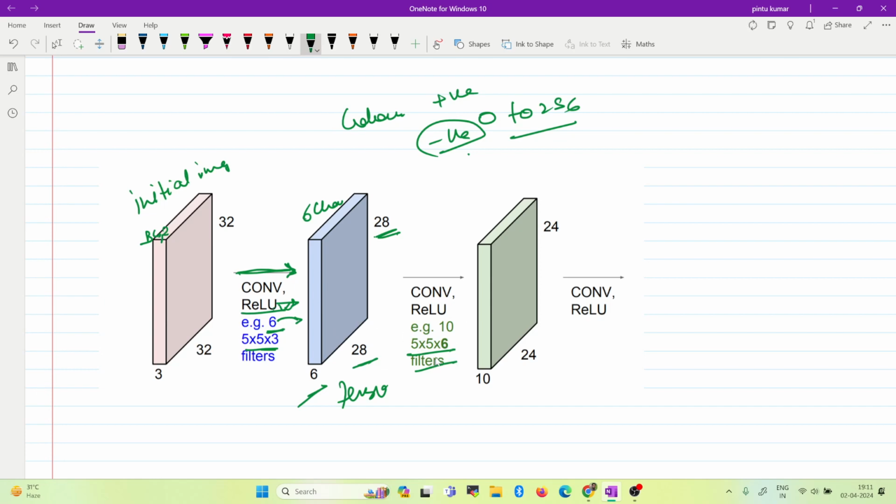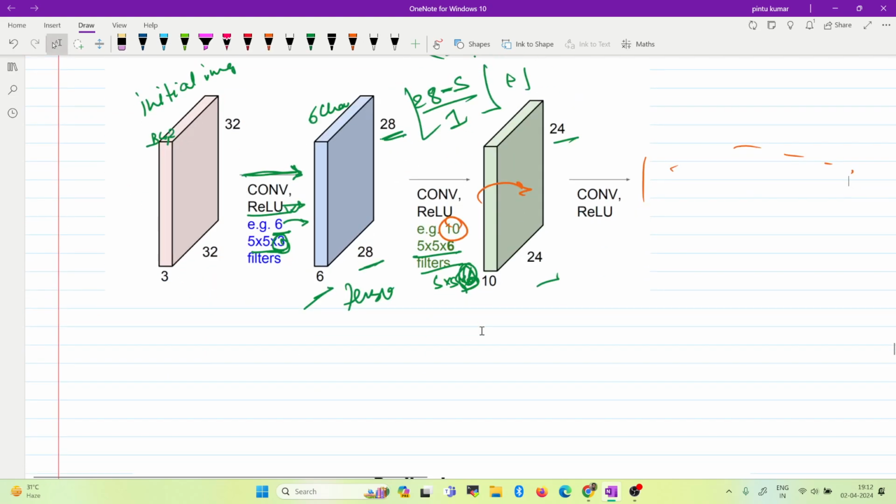So now we will require a kernel of size 5 cross 5 cross 6. Again, this is floor of (28 minus 5) divided by 1, plus 1. So this is 24 cross 24 that we'll obtain. Now because we had chosen 10 different kernels, we will obtain 24 cross 24 cross 10, and you can proceed in the same way. Okay.